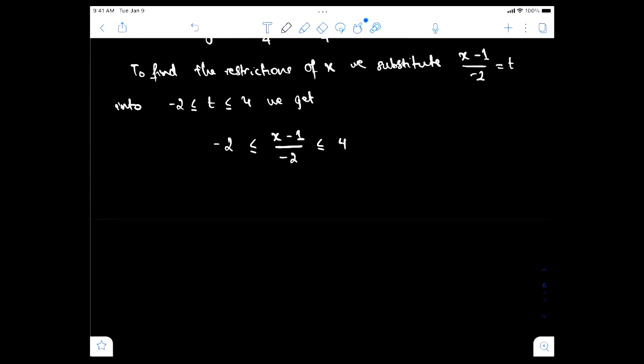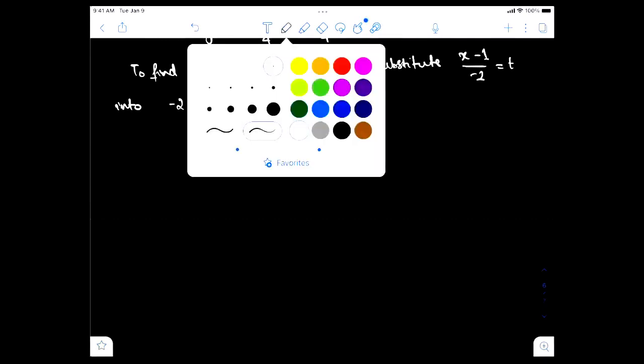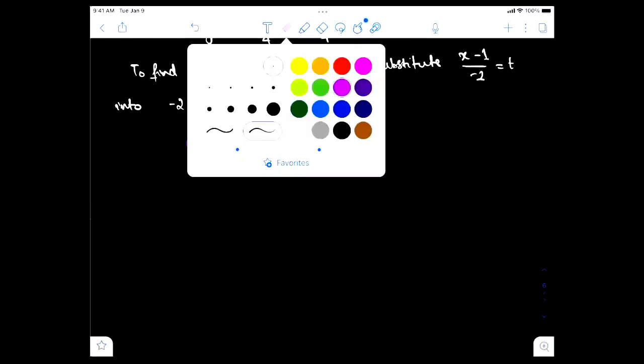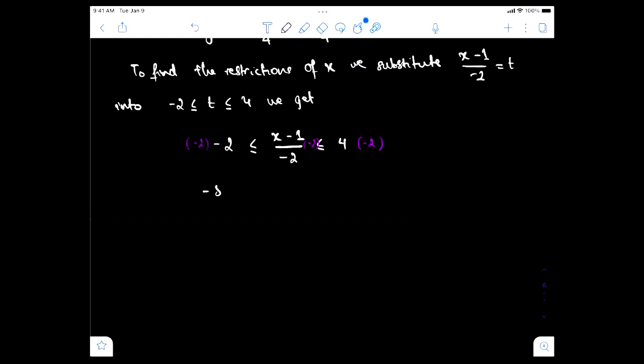Now to get x by itself, you multiply everything by -2. So I'm going to do -2 here, -2 here, and -2 here. And when you multiply an inequality by a negative number, the directions of the signs change. So you get -8 less than or equal to x minus 1 less than or equal to 4.